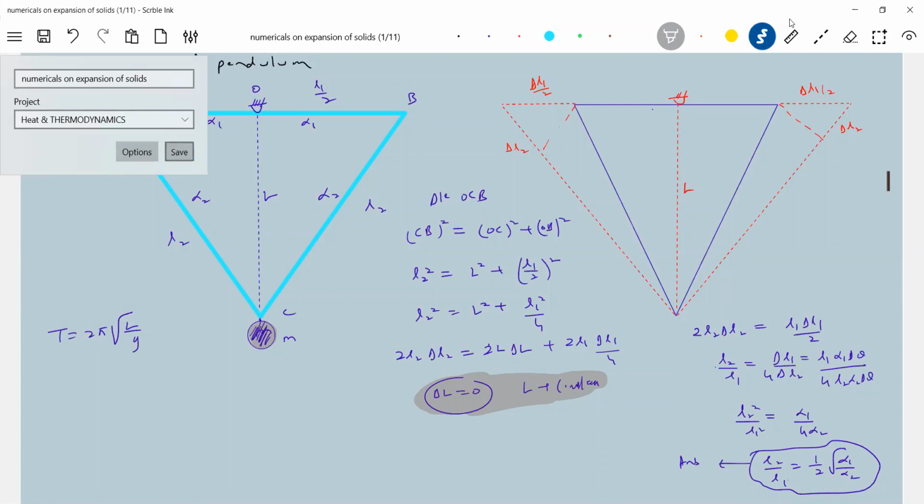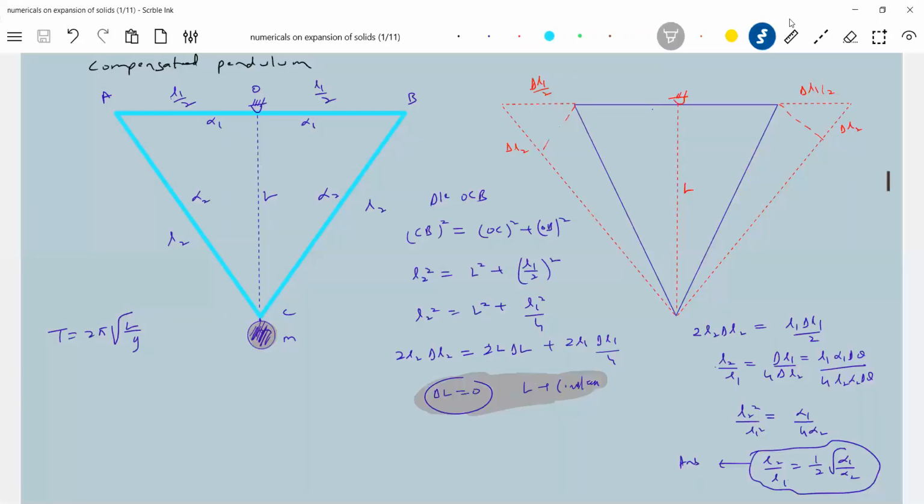Any other diagram-based questions like this also come, and you should stick to the basic geometry. Don't think that they will not expand. You can see clearly here, both rods have expansion, but this will remain constant. I should write capital L, no change.